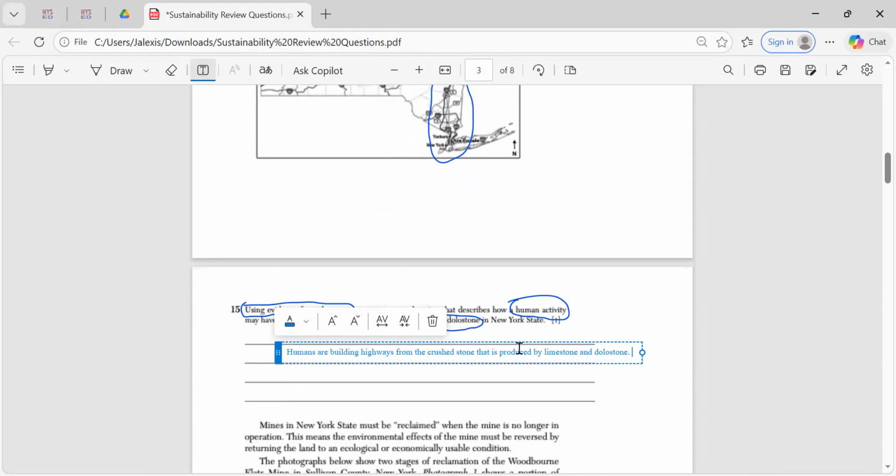And how does it affect availability? We can also add that highways are built near limestone and dolostone mines.